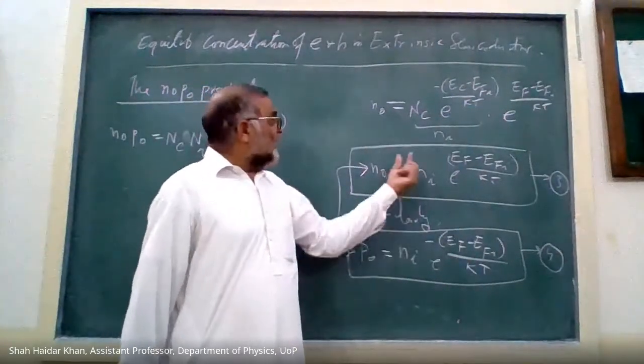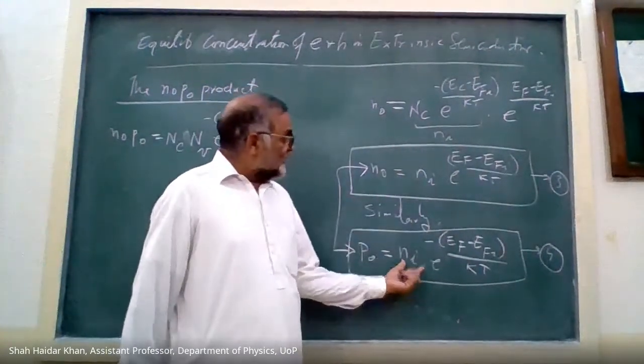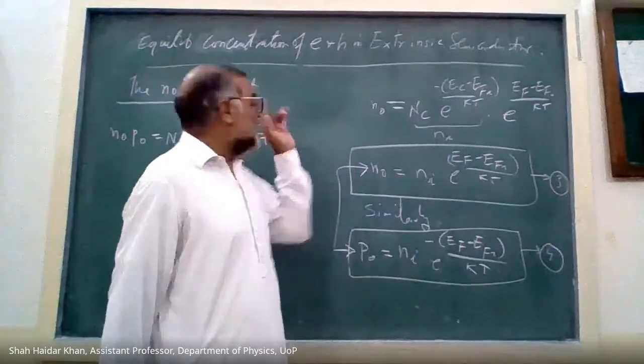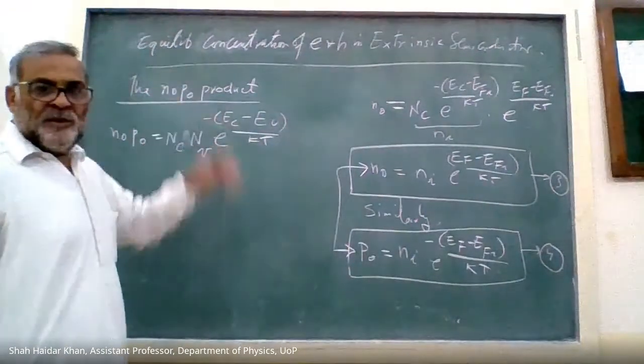Similarly, this was different. So go back to that. Put NC and NV we introduced there.